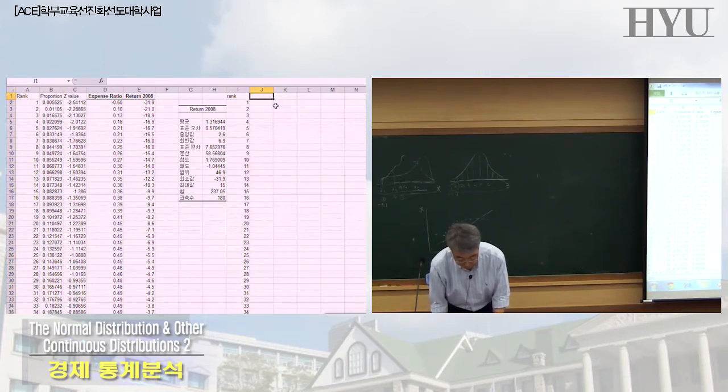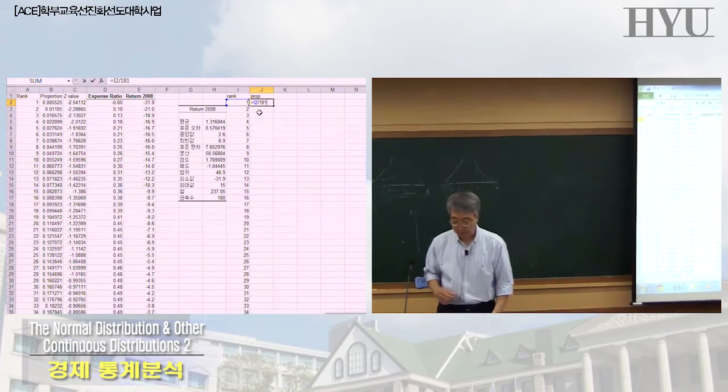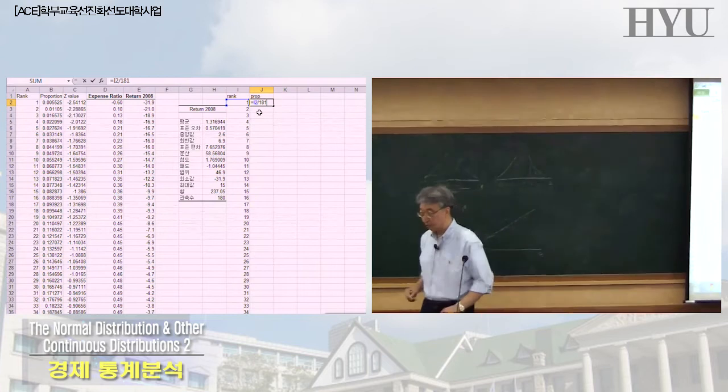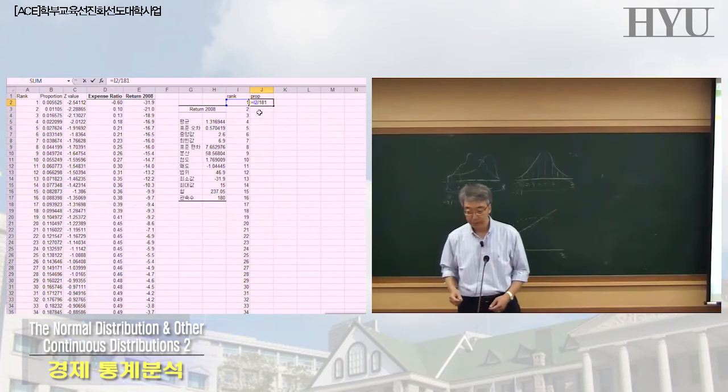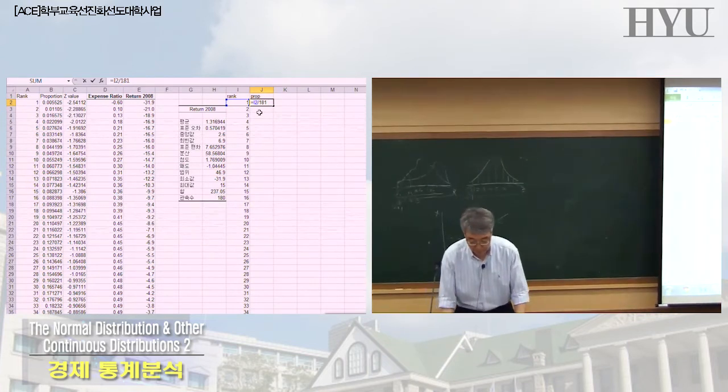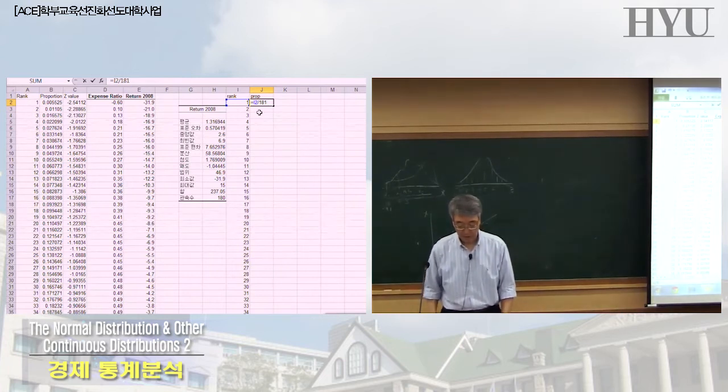Then, for the next column you type proportion, whatever, only you need to understand this, right? And you give the formula: it is equal to this rank divided by 181. That is n plus 1. You need to do n plus 1 instead of n, right? Why? Because if you do just n, see what happens.